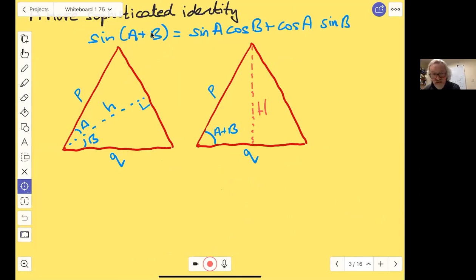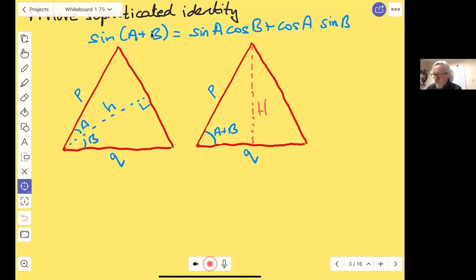There are lots of different proofs of this, but the one I'm going to discuss with you today is this: we take a triangle and we have an angle a plus b, and if we draw the perpendicular through the angle down to here, then the two parts that it divides a plus b into, one of them I'm going to call a, one of them I'm going to call b.